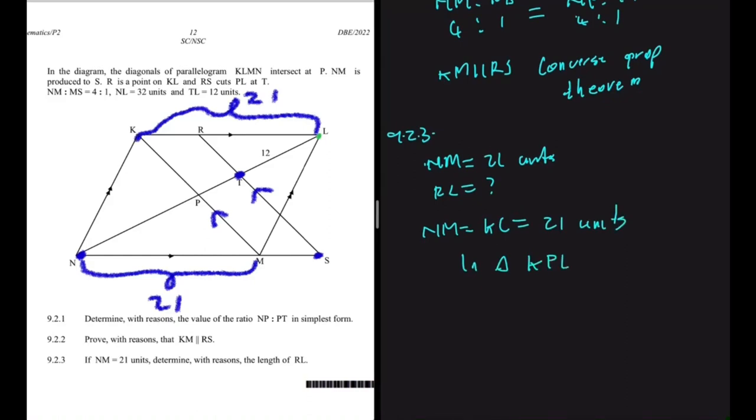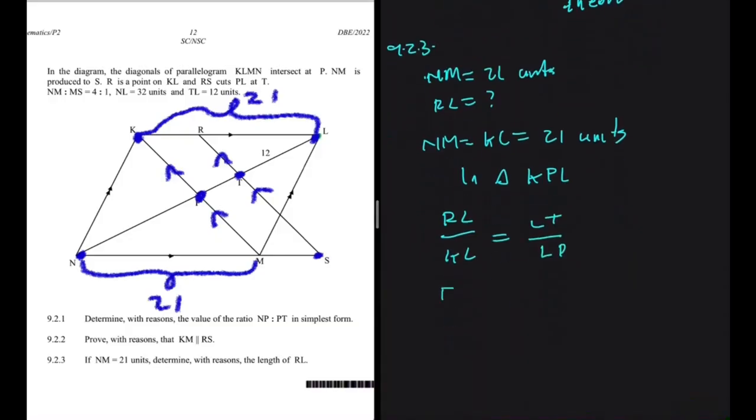So we're interested in this triangle KPL, right? These two lines are parallel, let's not forget. So we can say that RL divided by KL is equal to LT divided by LP. So we're looking for RL.